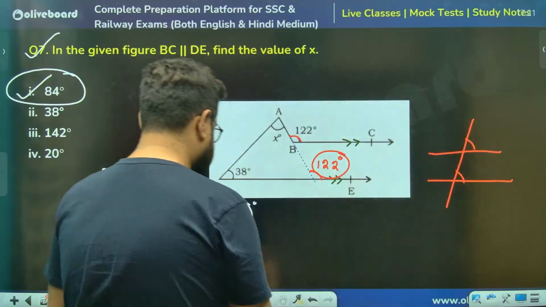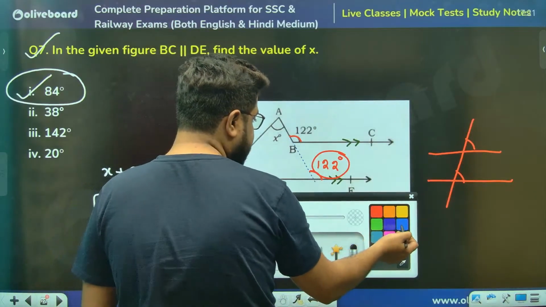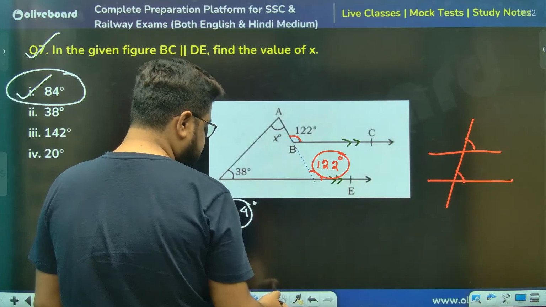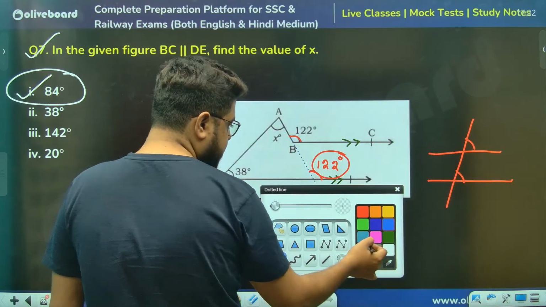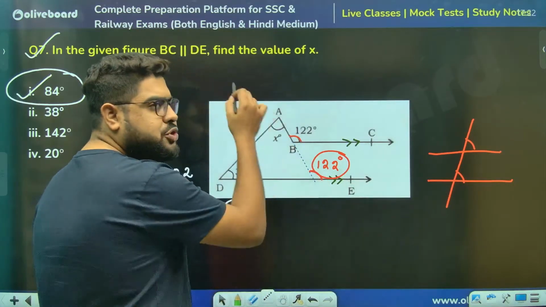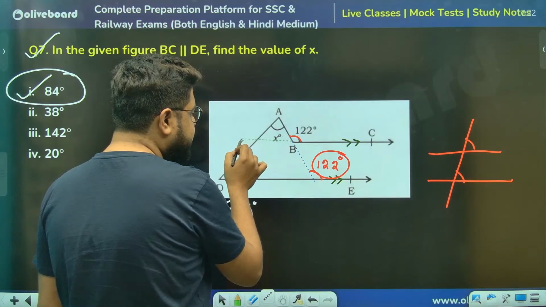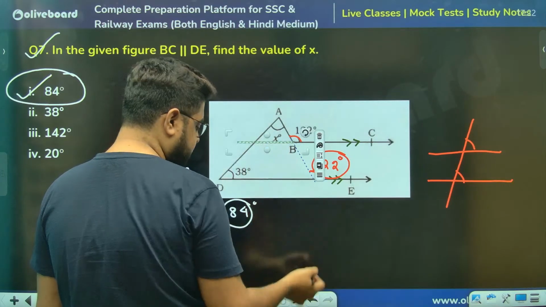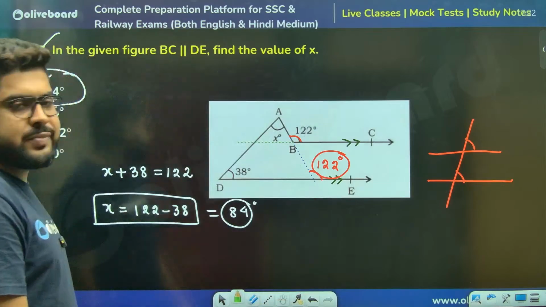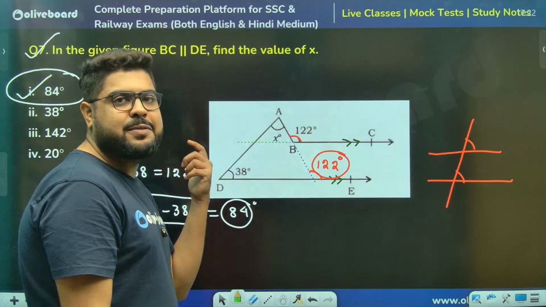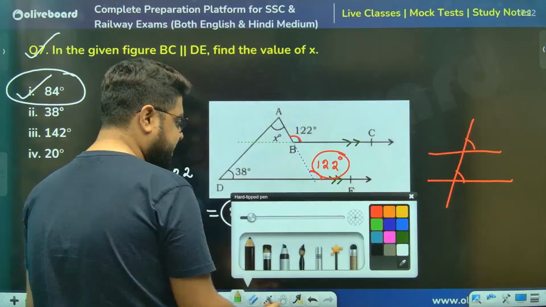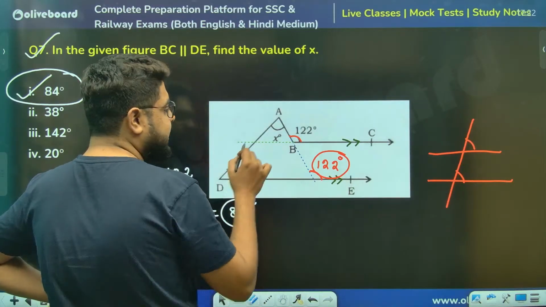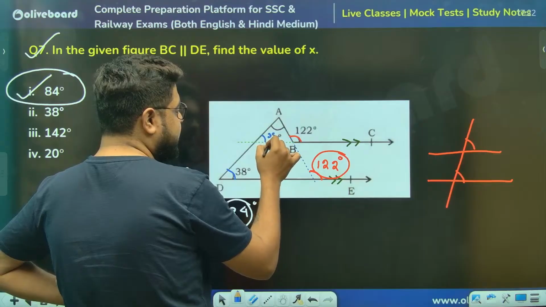Romal, yes, perfect. Now, another way I'm showing you. Rather than joining this, I can join this. Absolutely, you can. Just extend this side. Using the same logic, if this angle is 38, then this angle must also be 38.